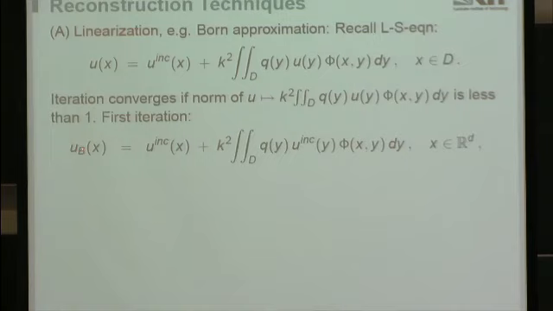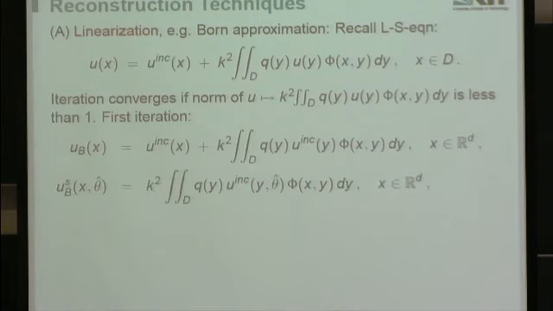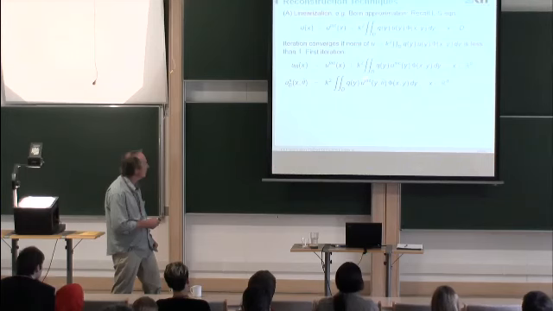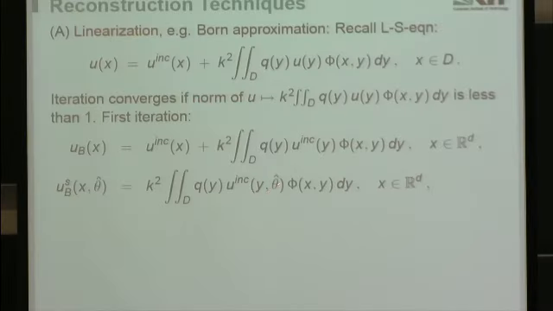With the Born approximation, the total field is the incident field plus this, where now the incident field gets in. So this is the scattered field for the Born approximation. You see the scattered field is just this, and so the scattered field can be explicitly computed. You know the incident field.